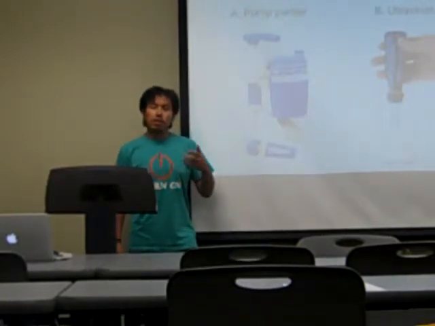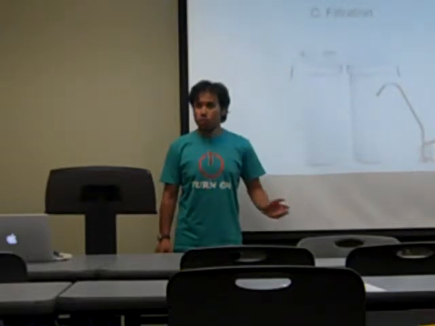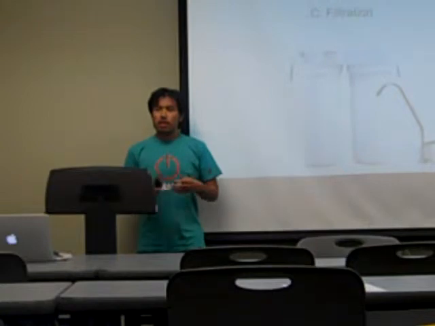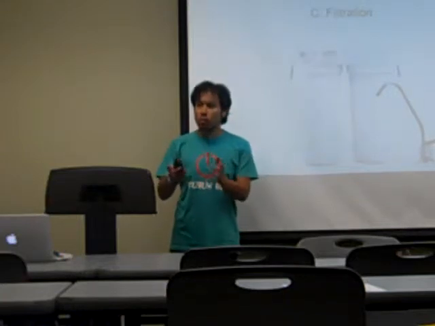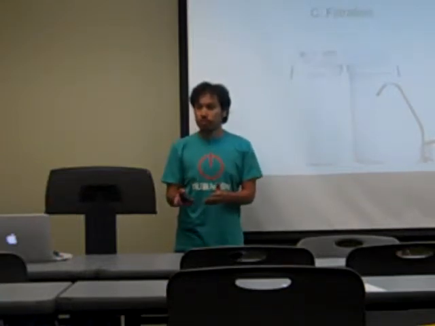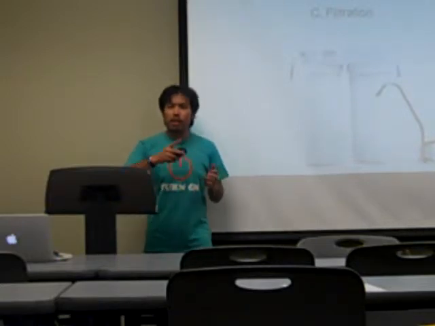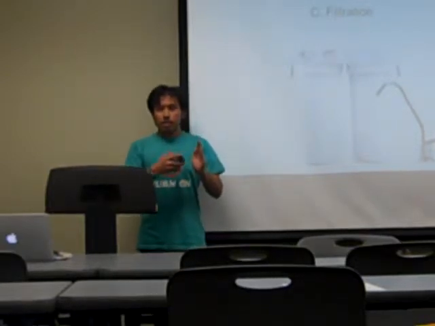The third one is the most widely used, which is filtration. So what's the process of filtration? Basically, the idea is to separate unwanted solids from liquid. But how does the filter prevent the contaminants from going through?